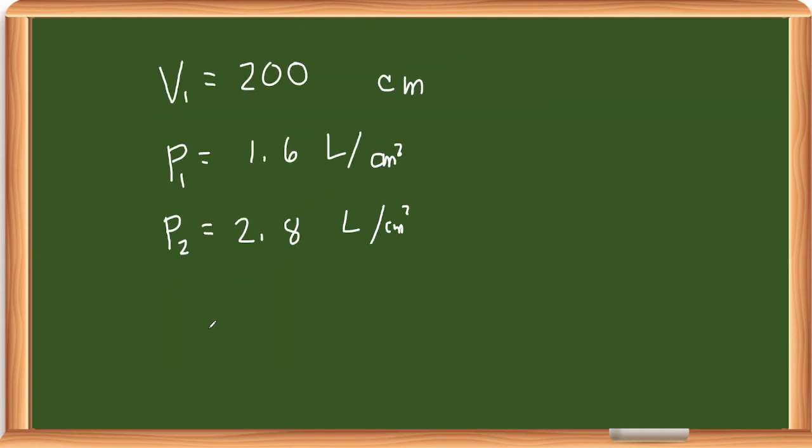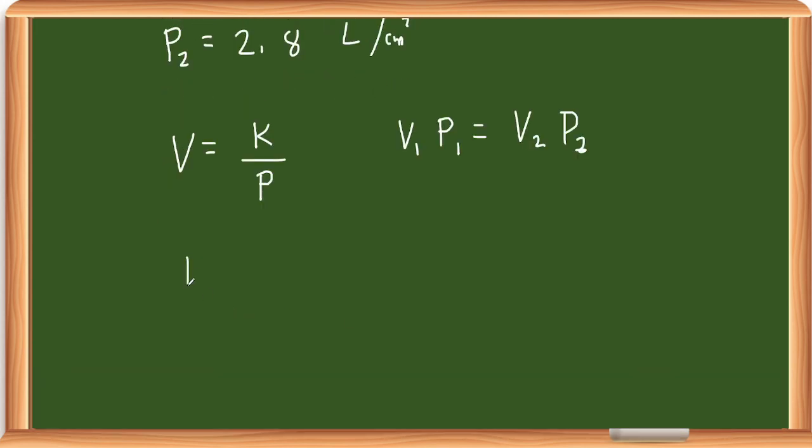So, if V varies inversely as the pressure, we have the equation V is equal to K over P. Pwede din namang gamitin yung V sub 1 times P sub 1 is equal to V sub 2 times P sub 2. Diba? Kasi yung K mo, yung constant is equal to the product of the two, which is V times P.